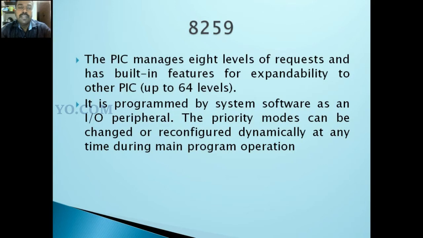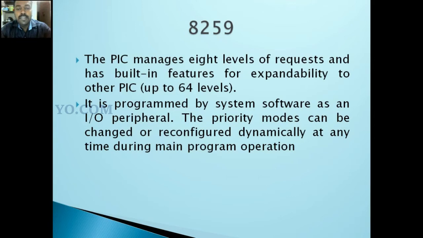Okay, so these ICs can be programmed like an input output peripheral. Then the priority of the interrupt can be changed according to our requirement. For example, in our computer we connect 8 different devices, such as a scanner, printer, like that.